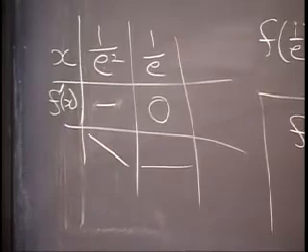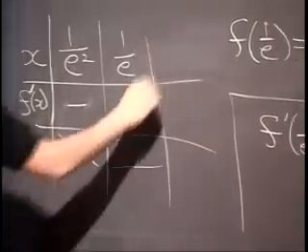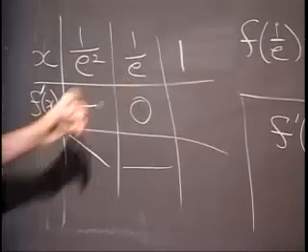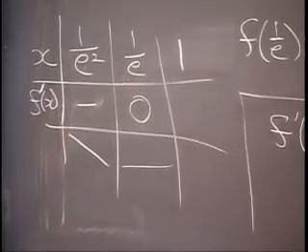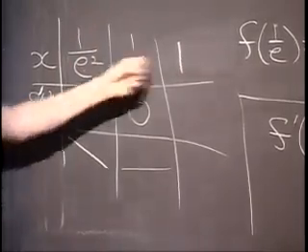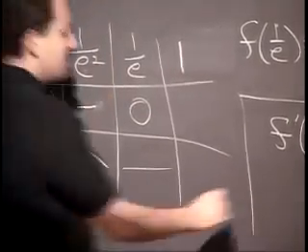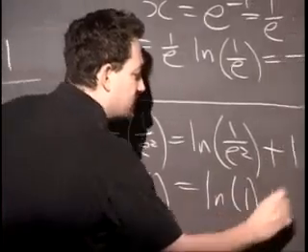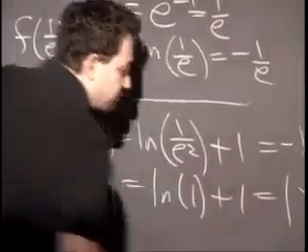How about to the right? Well, 1 is a number that's bigger than 1 over e. After all, think of e as about 2.7, between 2 and 3. So this is like a half or a third or somewhere in between. So 1 is certainly bigger. And if we calculate f prime of 1, it's just log 1 plus 1, which is 1, and that's positive.